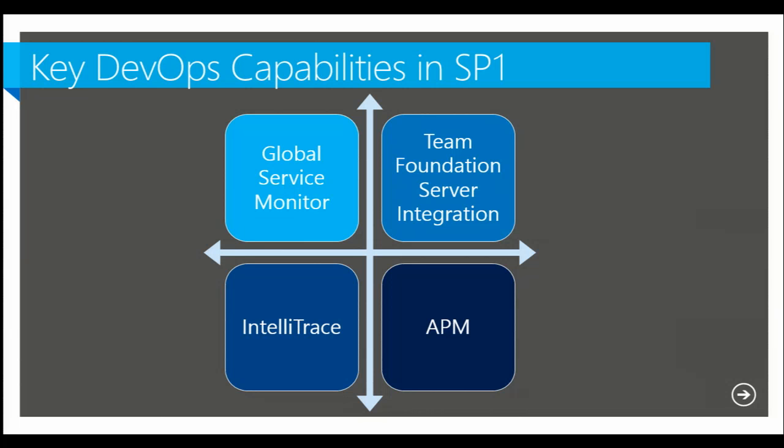Global Service Monitor allows you to run those tests from our points of presence in Azure, probing those synthetic transactions on your application on a regular basis, and so using them as tests in production to see what's happening, and to be able to detect if things break very quickly and from distributed locations, so you know how your site, your application is behaving from different parts of the globe.